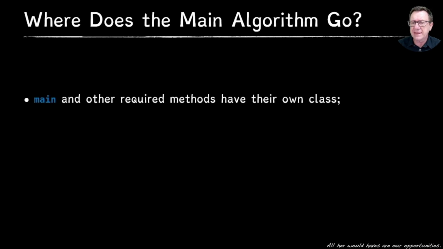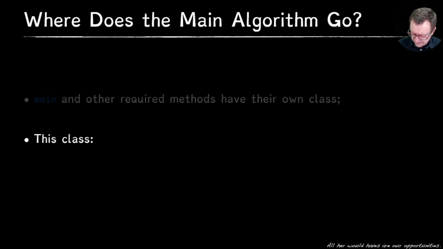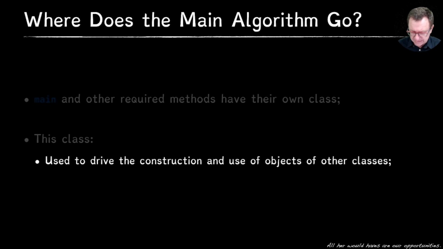So where does main go? Main and some of our other required methods that might not sit within an object will have a class of their own. Now this class is used to drive the construction of the objects as well as the use of the objects and any other classes that we have running.